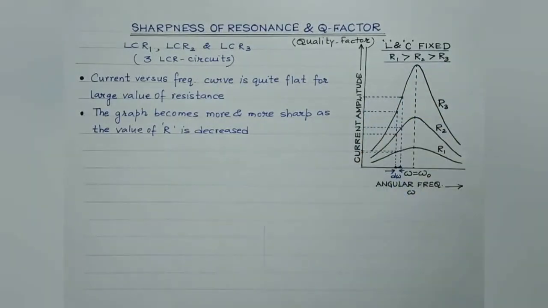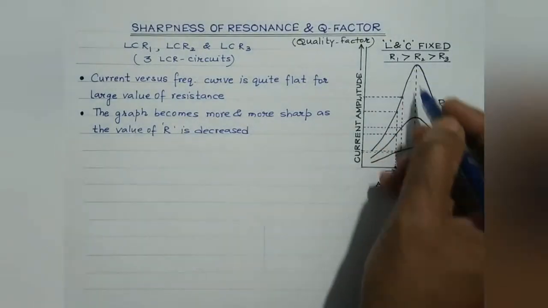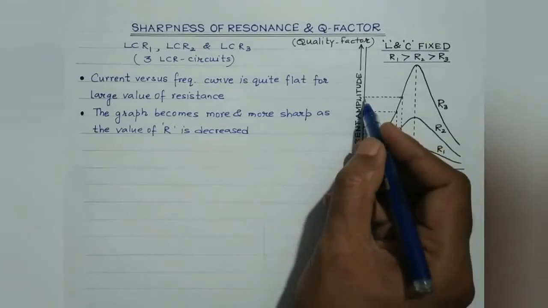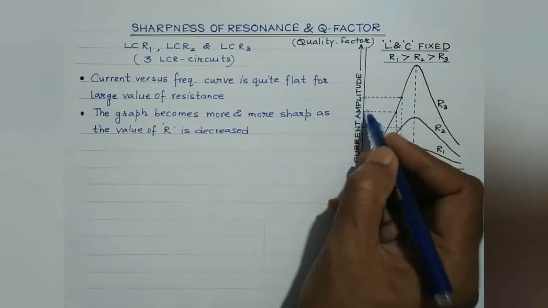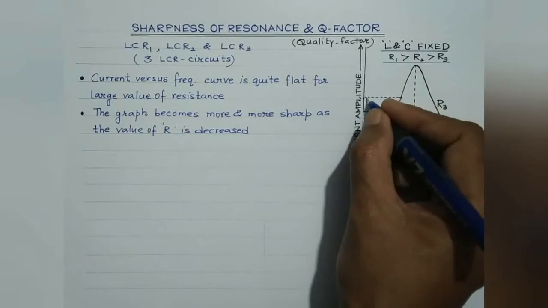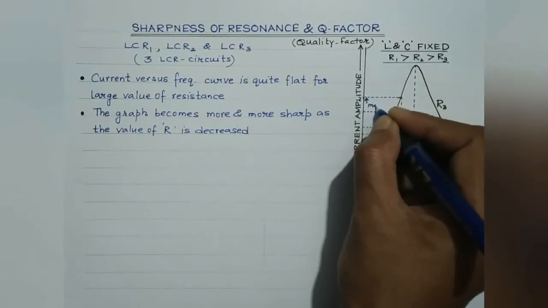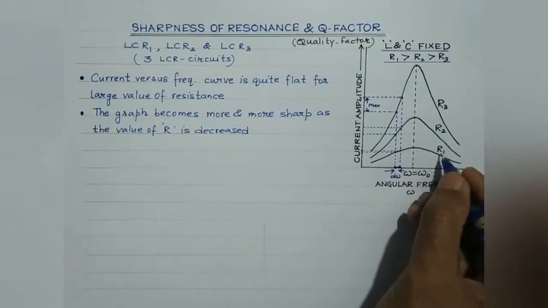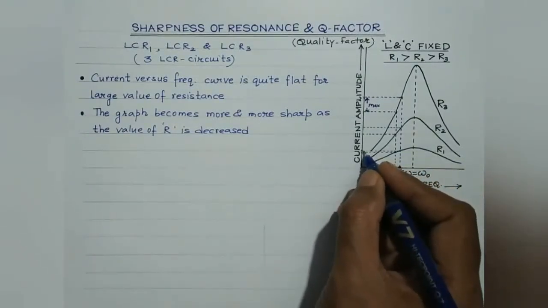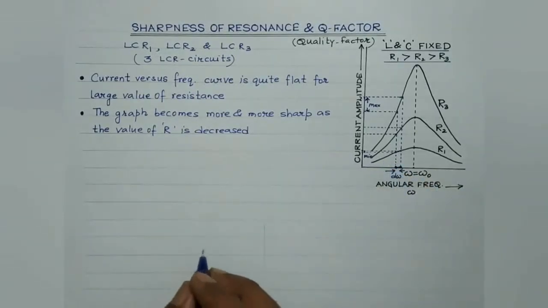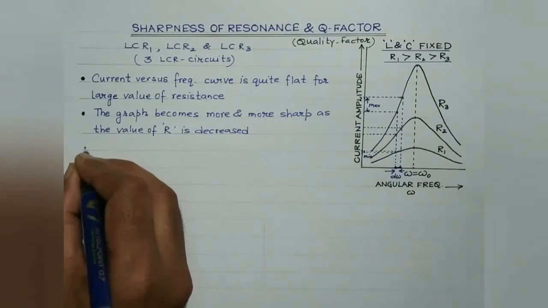So it's pretty evident from this. In all the three LCR circuits, corresponding to the small change in the angular frequency d omega, the corresponding change in the current for circuit LCR3, where R3 is minimum, is found to be maximum. While in the LCR circuit where the value of resistance is high, the corresponding change in the current is minimum. Isn't it? So, this is the third conclusion.